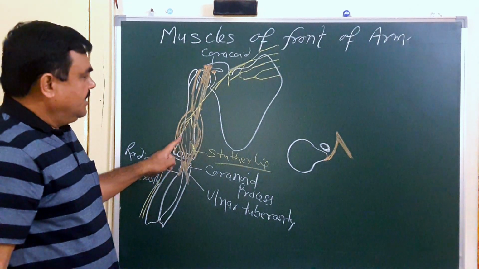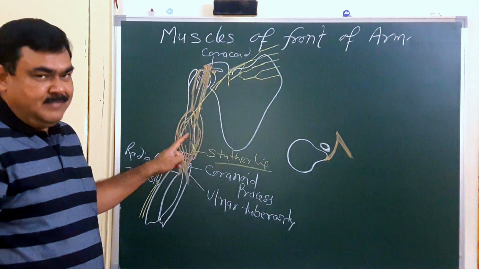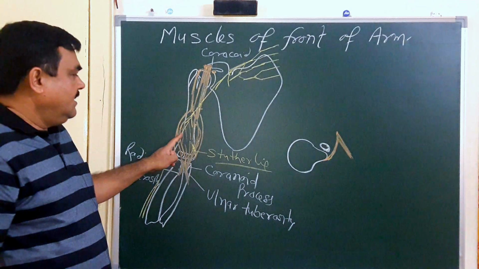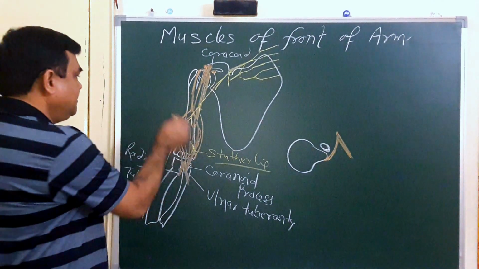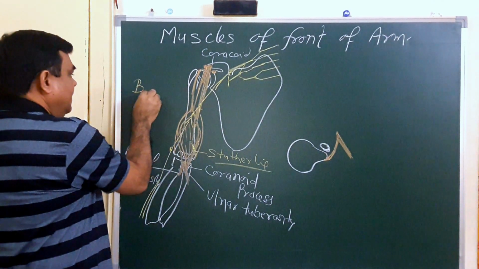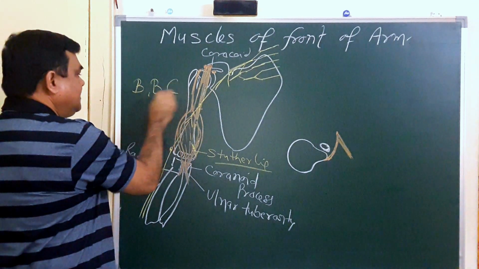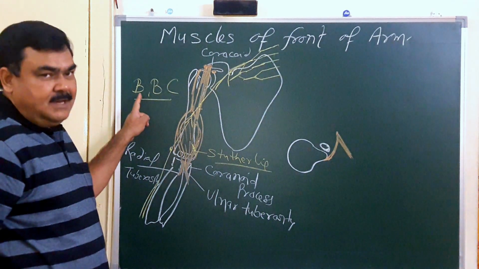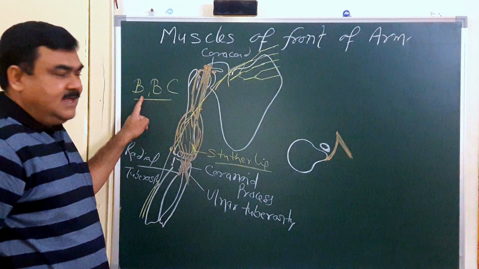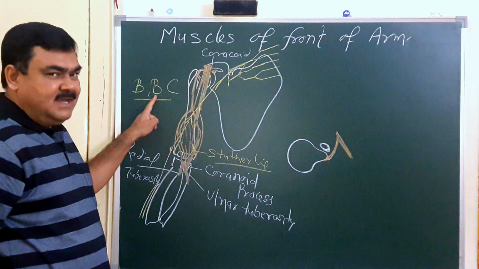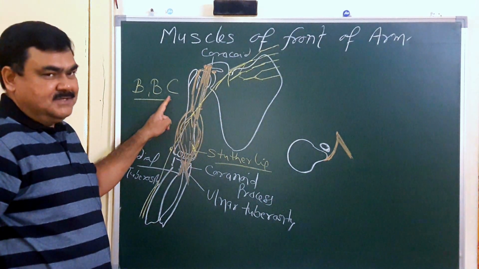So its name is musculocutaneous. Musculo is muscle. It gives supply to three muscles. These three muscles are B, B, and C: brachialis, biceps brachii, and coracobrachialis.